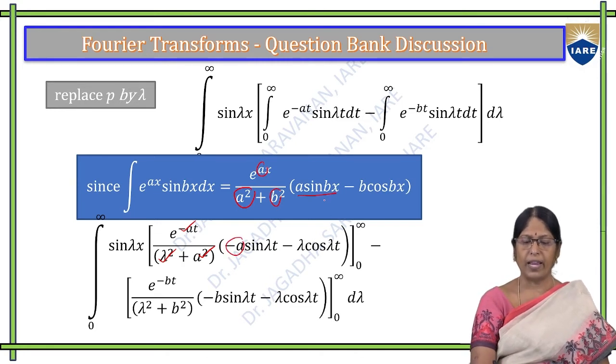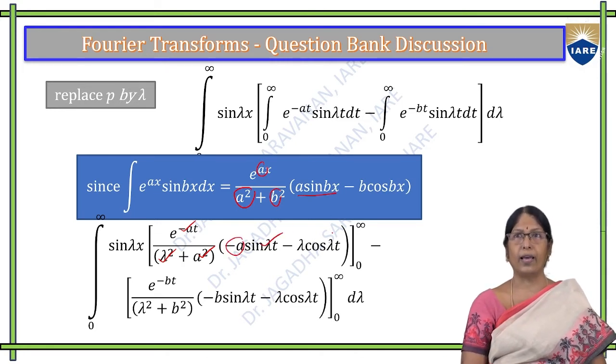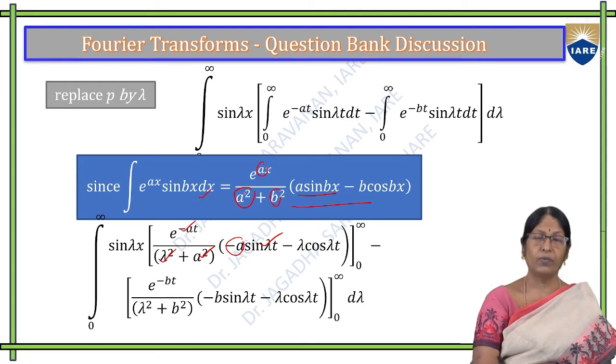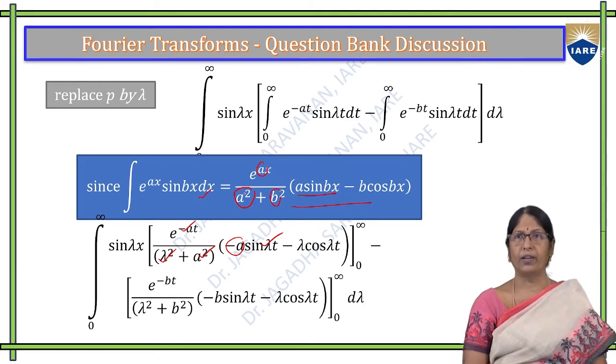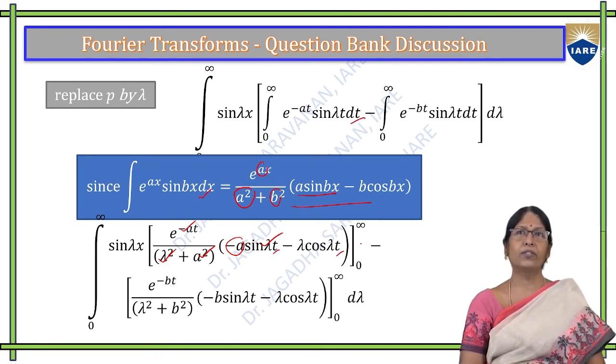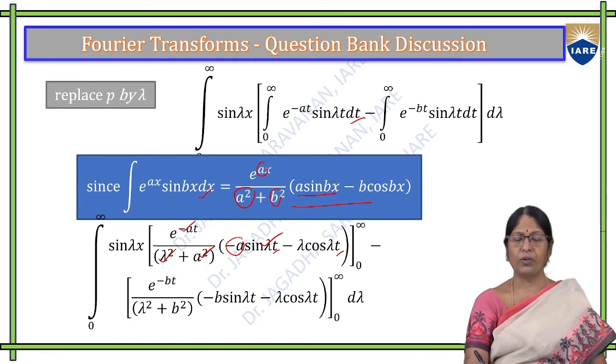This we can see: a is minus a, sine bx, that is sine lambda t. In the formula, the integration is with respect to x, whereas ours is with respect to t. That is the reason t is there. We compulsorily have to do the variable comparison between the formula and our given problem.